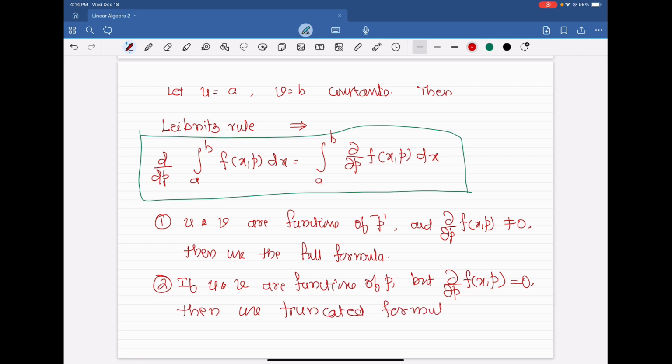Third, if u and v are constants, use the simple formula.